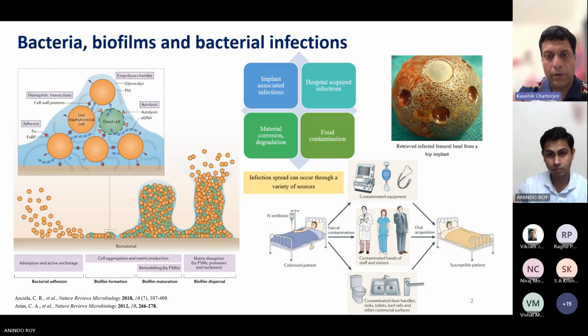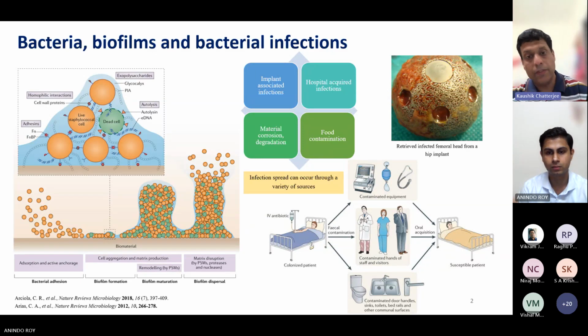In terms of why this is important, there are various aspects of our everyday life where this matters. One is when you have implants going inside the body. You could have anything from dental implants to orthopedic ones. It could even be soft materials like your contact lenses. Any of them could get affected when bacteria colonize the surface and form the biofilm on it.